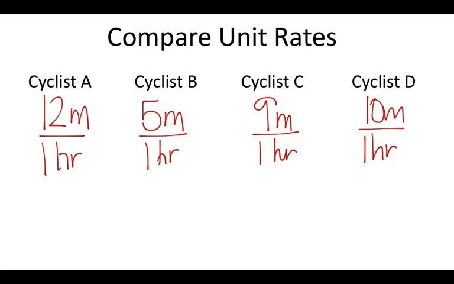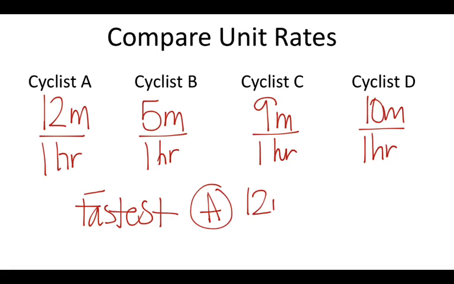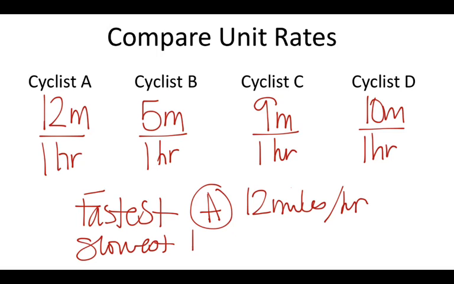And our question asked who was the fastest. So my fastest is going to be cyclist A, 12 miles per hour. Okay, so in 1 hour's time, cyclist A will get 12 miles, B will get 5 miles, C will get 9 miles, and D will get 10 miles. So my slowest would be B.